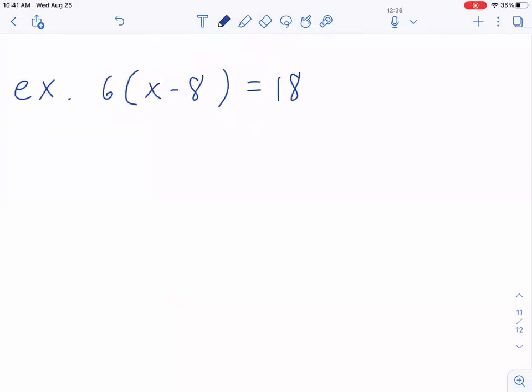First thing we could do is distribute the 6. So I get 6x, and 6 times negative 8 would be minus 48, is equal to 18. Now we want to move that 48 over, so I add 48 to both sides.